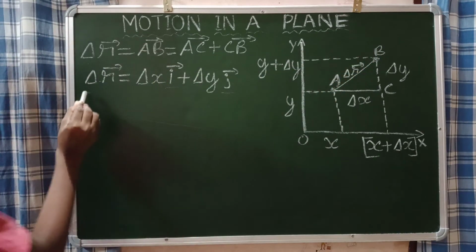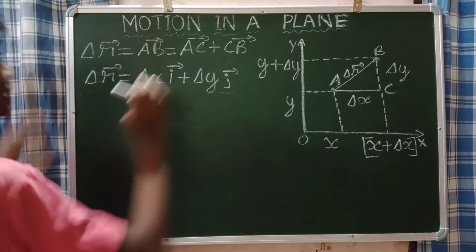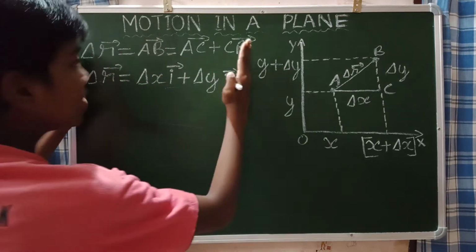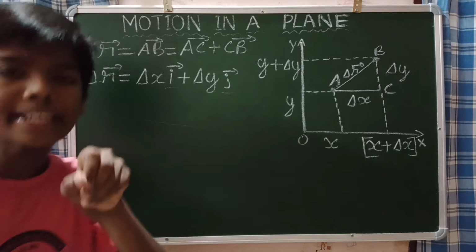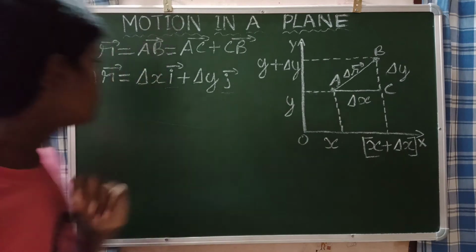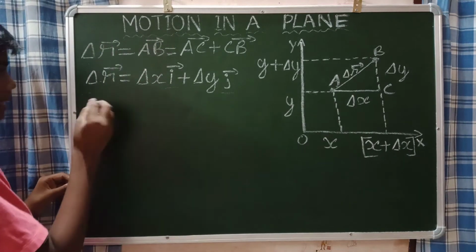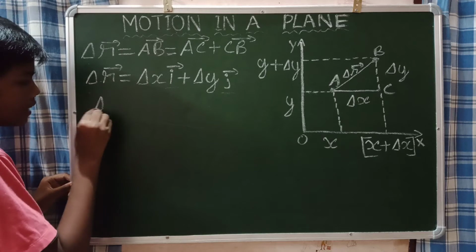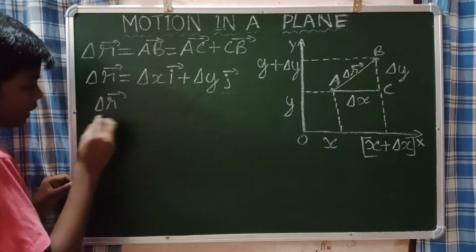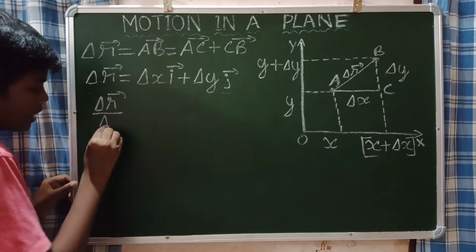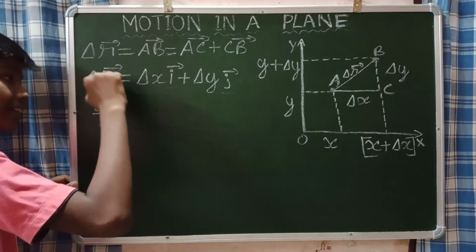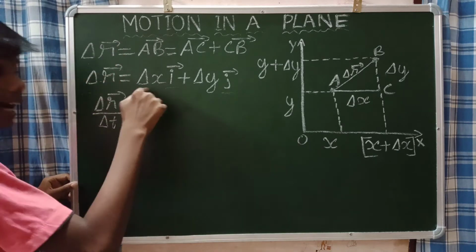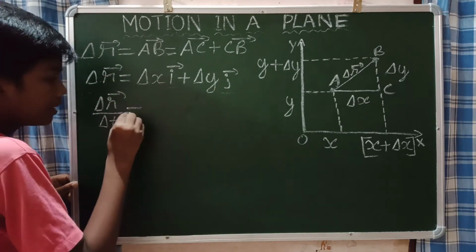So if we divide this equation by delta t on both sides, you will get the velocity. What I am saying is, see guys, divide both sides by delta t. Delta r vector divided by delta t, and this side also I am going to divide by delta t.